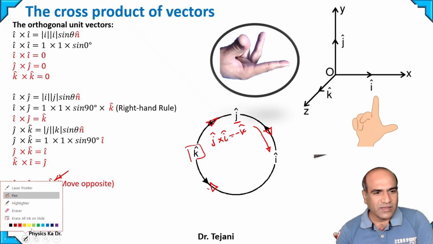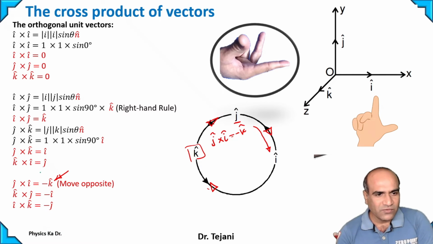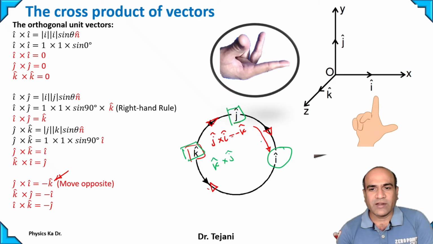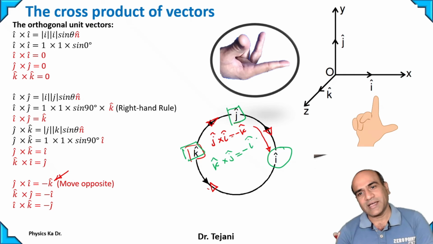Similarly, if you move from k to j, k cross j, we are going in the opposite direction, so it is equal to minus i.